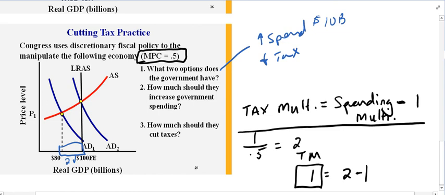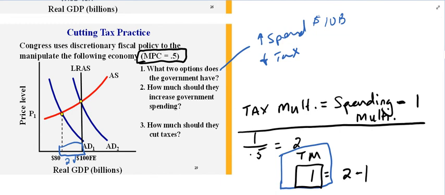Right? It's the exact same one as we did last time. Or how much would they, if they were to say, okay, we're not spending anything, but we want to do a tax cut, how much should they cut taxes? Well, our taxing multiplier down here is 1, right? It's the spending multiplier minus 1. So 1 goes into 20, right? We'd have to decrease taxes by 20 billion.